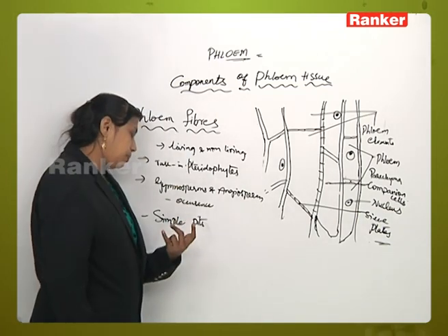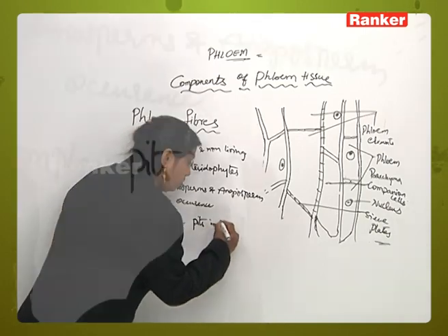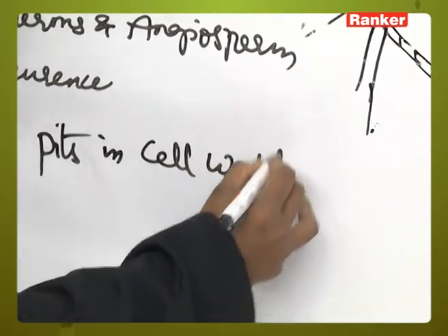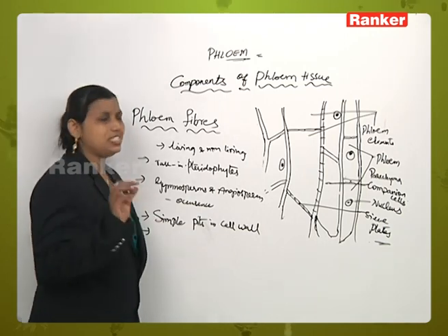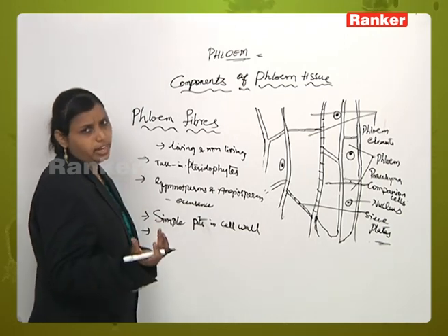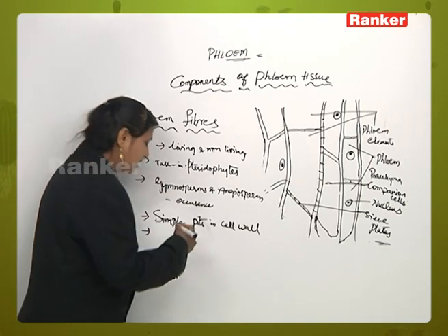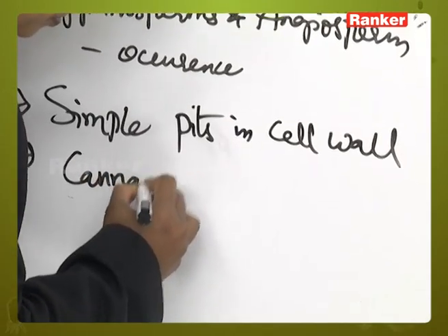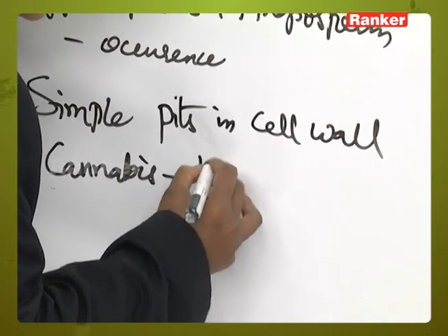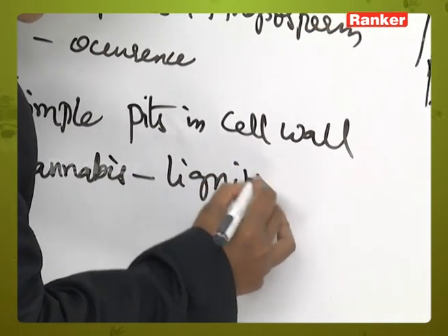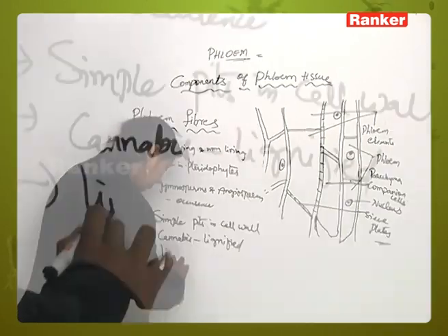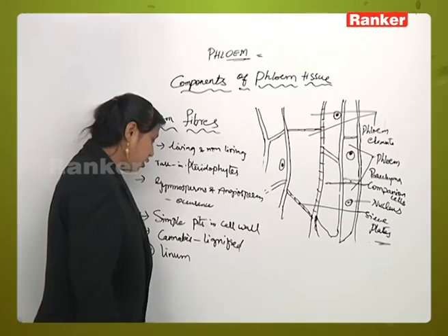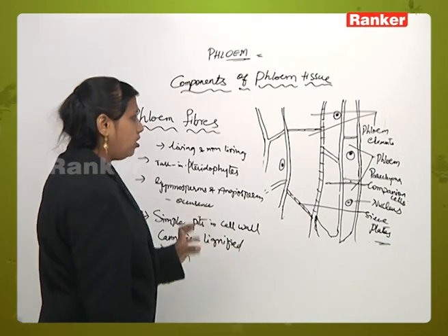Now, what is the composition of the cell wall? The phloem fibers' cell walls may be both lignified as well as non-lignified. In cannabis, the cell walls are lignified, whereas in linum, the cell walls are not lignified.